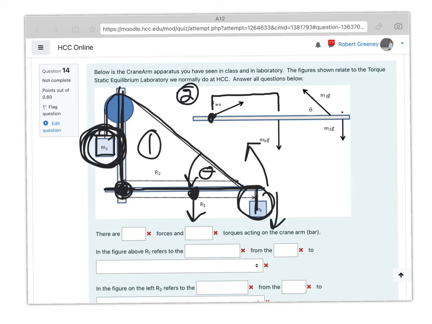Okay, so in this case we are asked to find M2, and so let's go through the general solution for that. So this is another obvious case, but we're going to indicate what our axis is. Our axis is the axle where the rod is pivoting about.